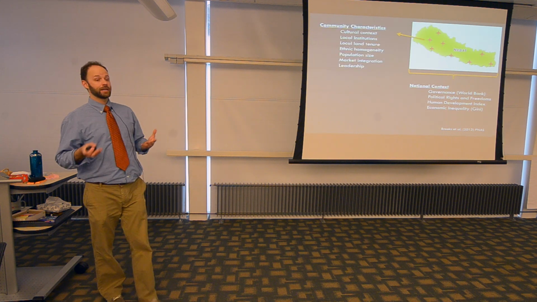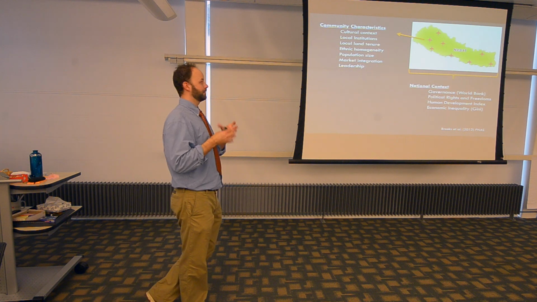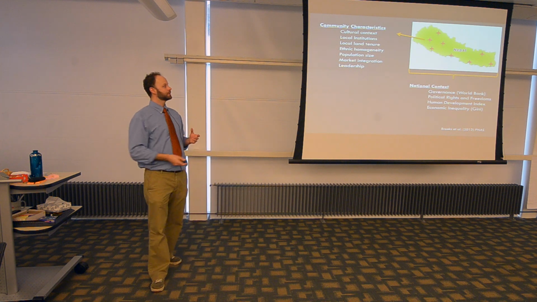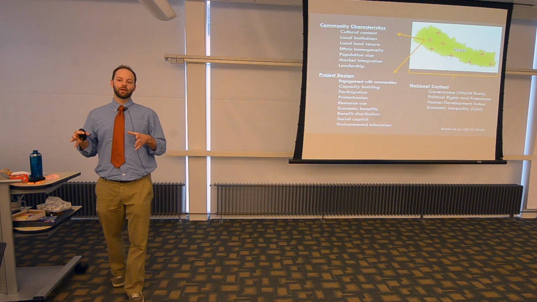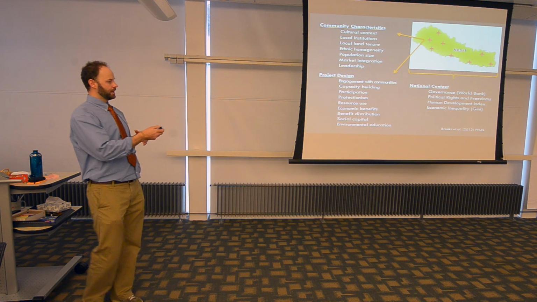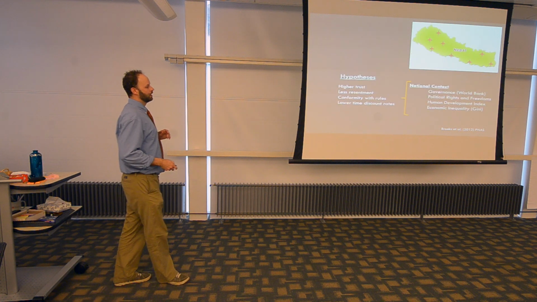So things like community characteristics, what factors of the community or aspects of the community and the surrounding environment might impact community-based conservation outcomes, and what aspects of the project design might influence community-based conservation outcomes. And these variables obviously tied into our hypotheses.